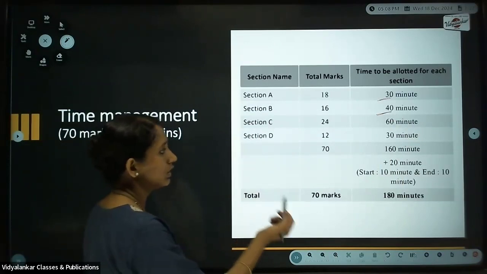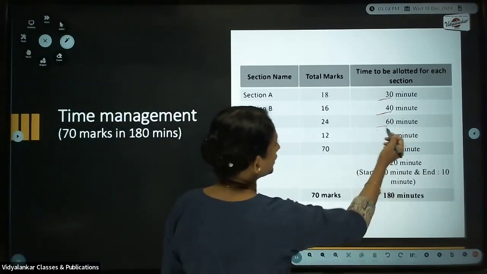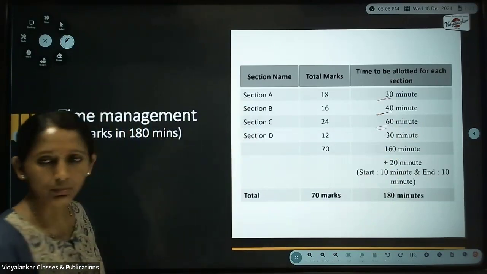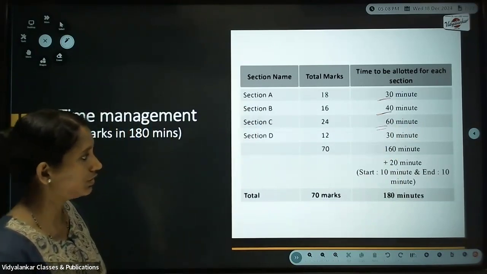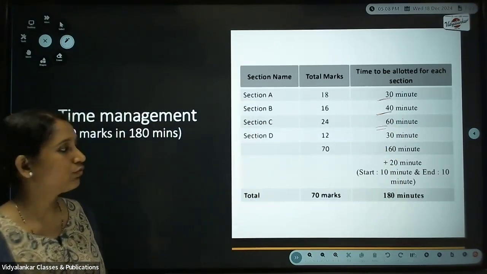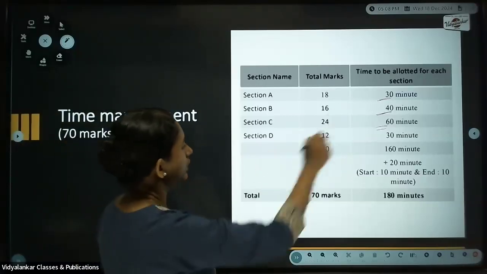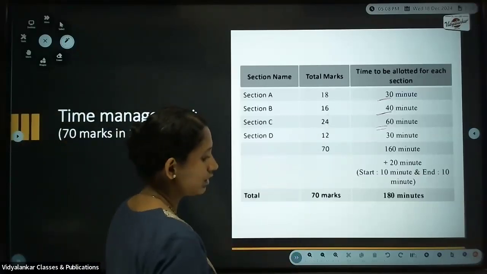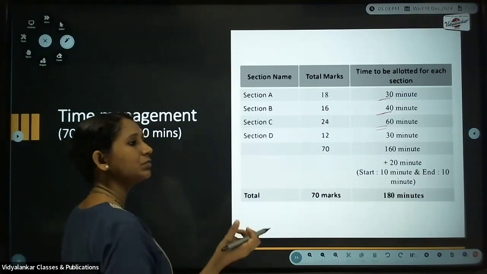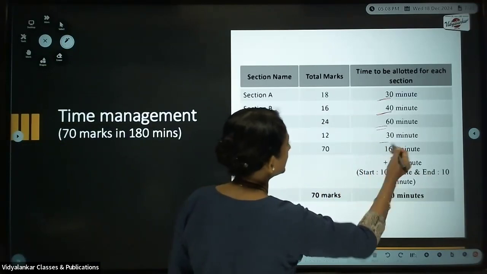If you take maximum 6 to 7 minutes each, then in 60 minutes you will easily be able to finish section C. And section D, only 3 questions to attempt from the 5, each question of 4 marks. Here, suppose you take 6 to 7 minutes or maximum 8 to 10 minutes, you will be able to wind up in 30 minutes.